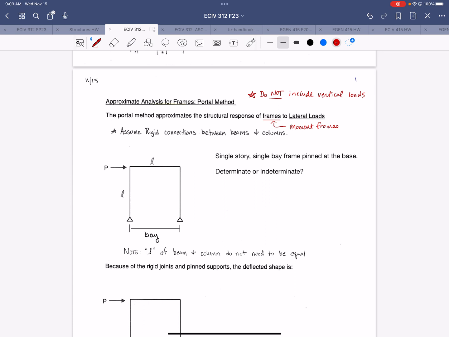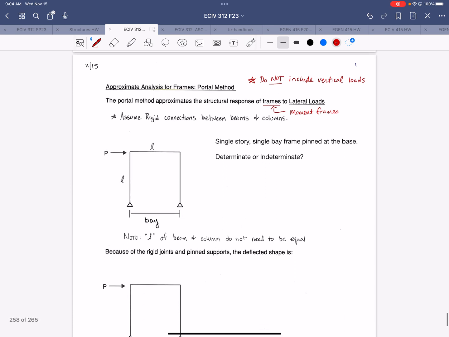All right, so why is it called the portal method? Portal refers to a specific type of moment frame, right? If you think of the word portal, it relates to a doorway, an entrance. So you see these portal frames often as entrances to ranches, the wood portal frames there.